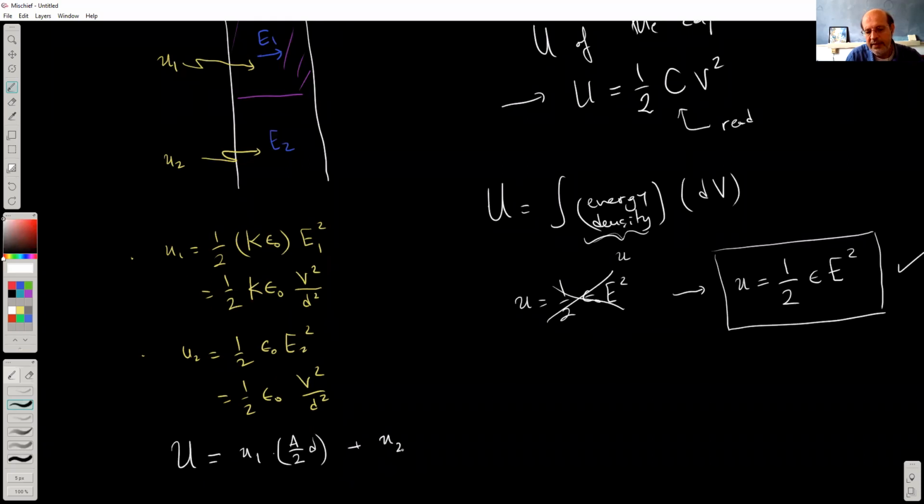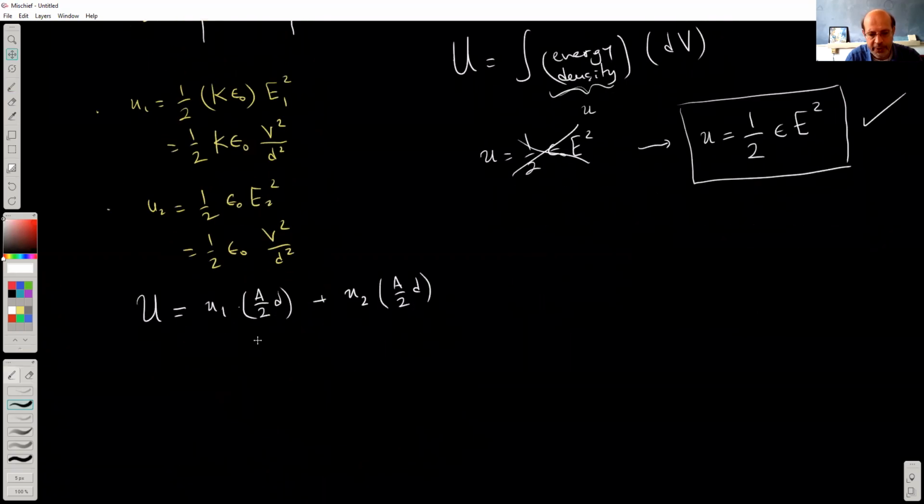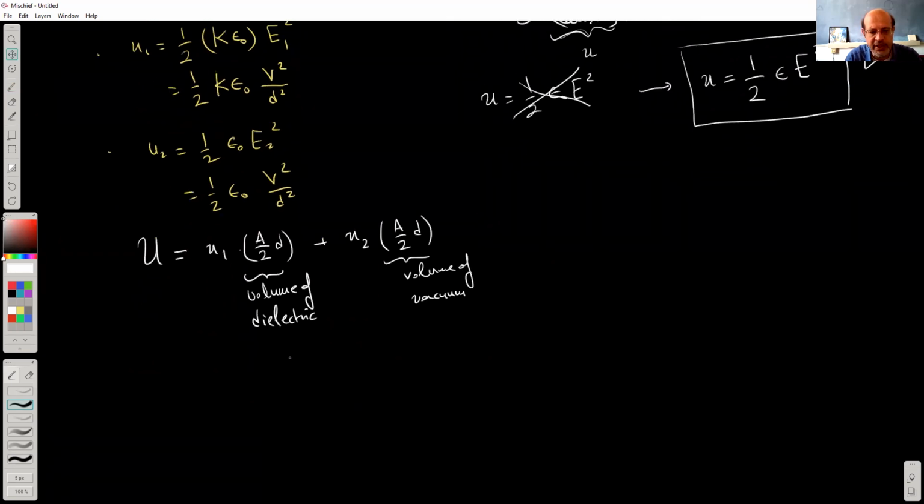And energy density in the second part multiplied with the volume again. So this is the volume of the vacuum. Let me write this thing down like this. This is the volume of dielectric. This is the volume of vacuum. Right? That's the thing that I'm using in here.